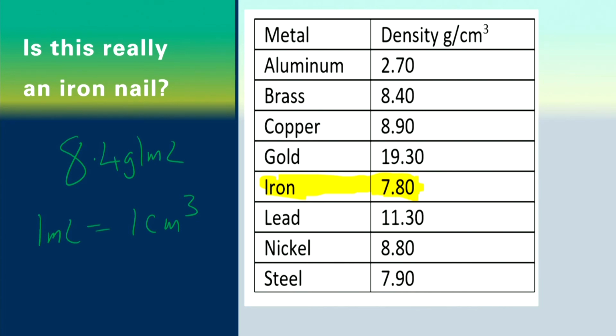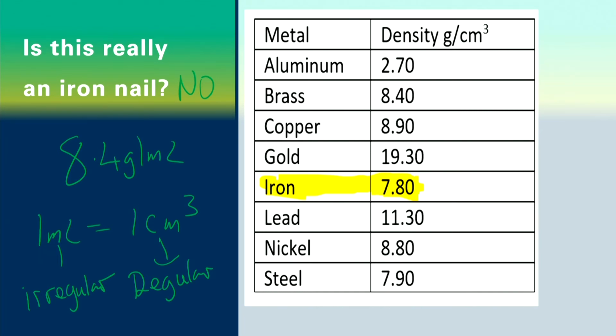When we had regular, we're using centimeters cubed. So this is regular, and this is irregular. So I think Moleman has been duped. 8.4 versus 7.8. So no, I do not think that this nail is made of iron.